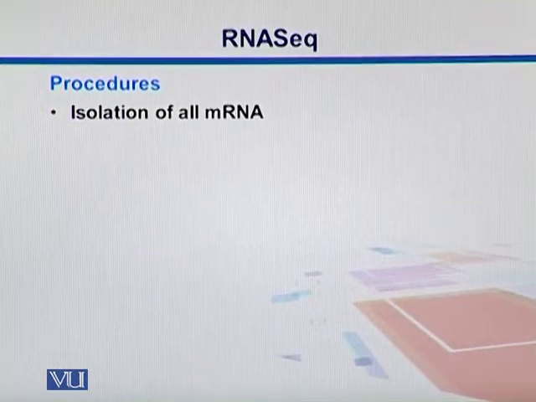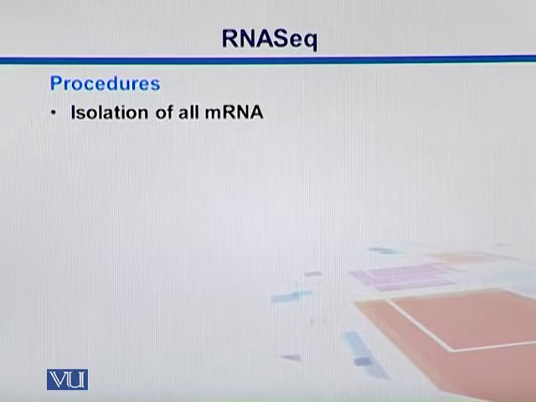So here are the procedures in general. We have isolation of all messenger RNA, so we get the complete messenger RNA out of the cells. Mostly the extraction protocols use methods which capture the poly A tails, so they recognize messenger RNAs with the help of those poly A tails.